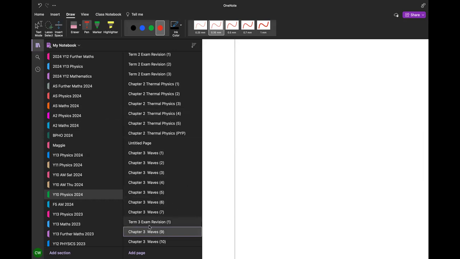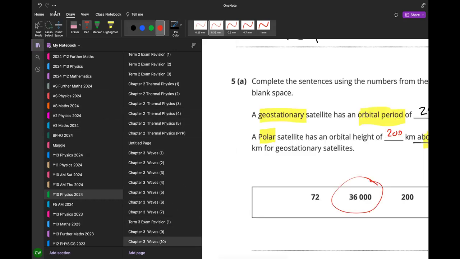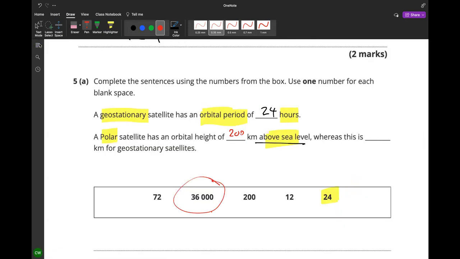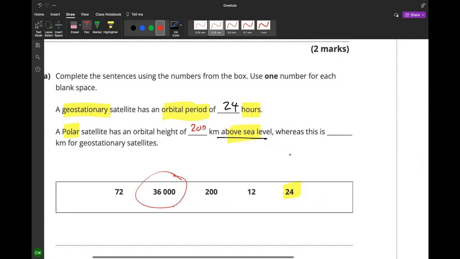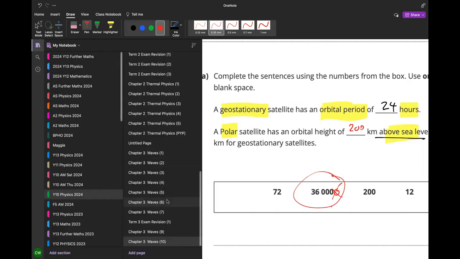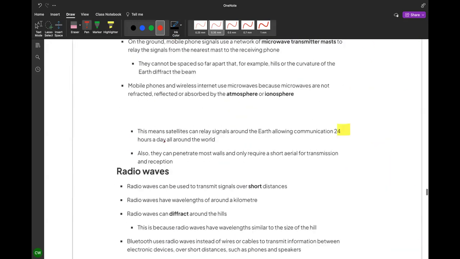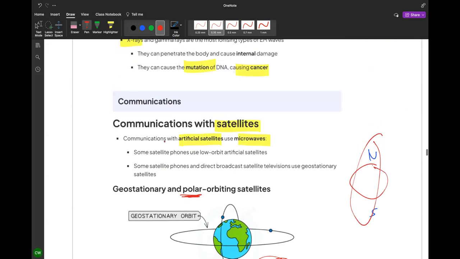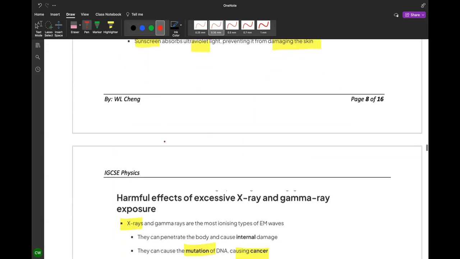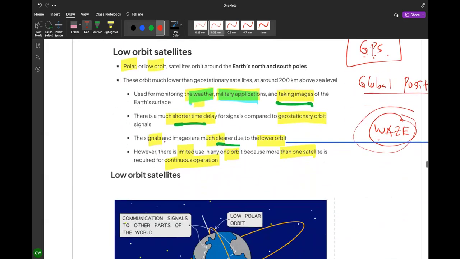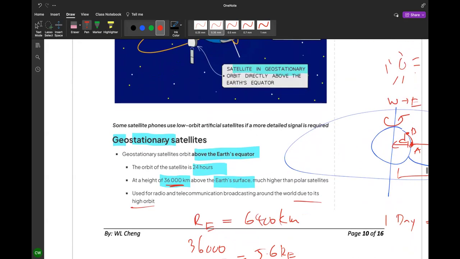316. So one more zero. 316. Okay, just a while. Am I wrong? Geostationary satellite is height.